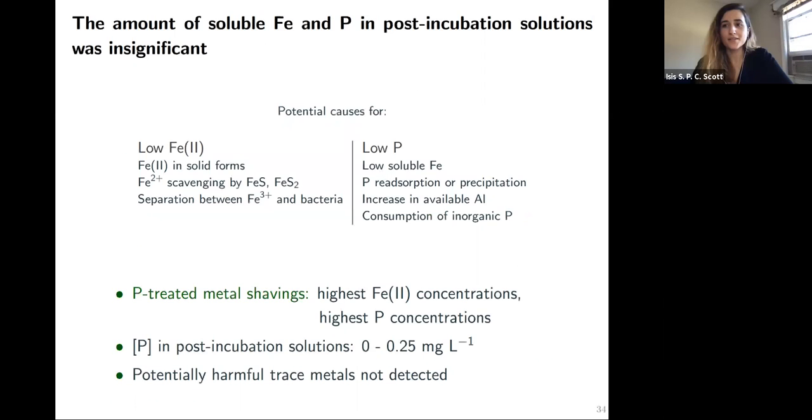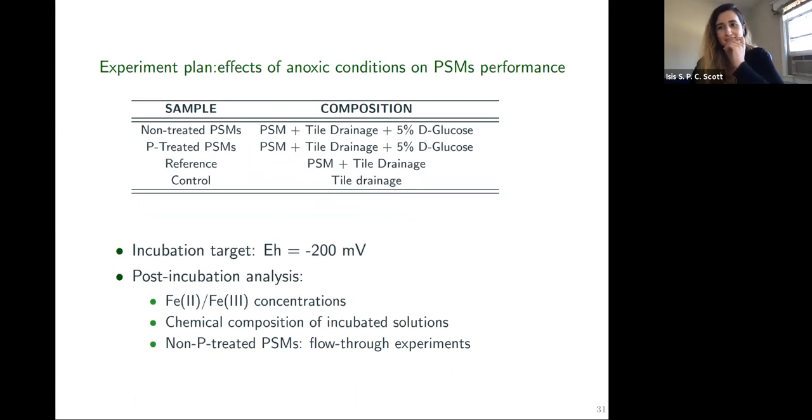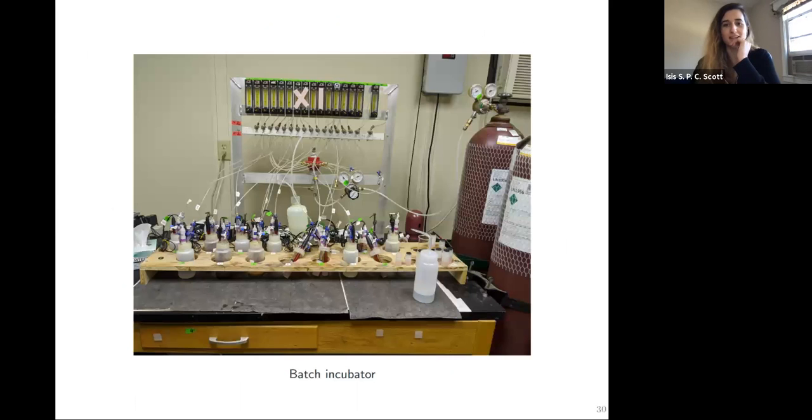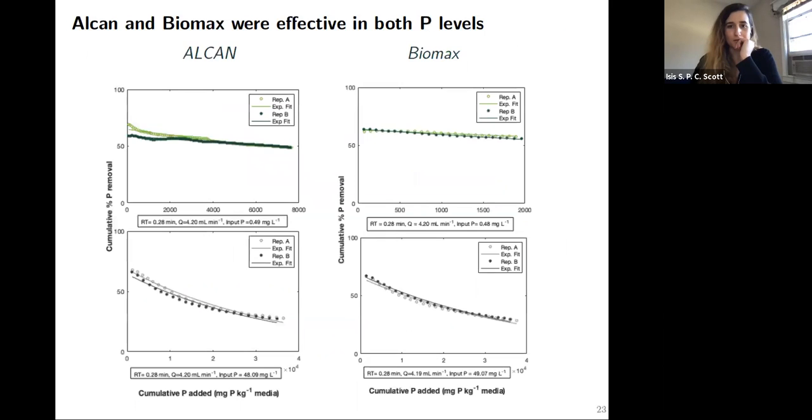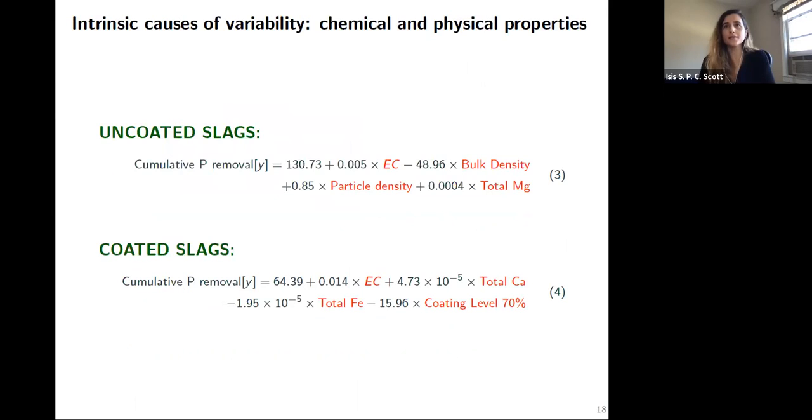Yeah, I find electrical conductivity a very underused parameter, to be honest. Let me go back to that slide. Okay, yes. So the electrical conductivity, we measured that just putting the slag in a DI water solution.